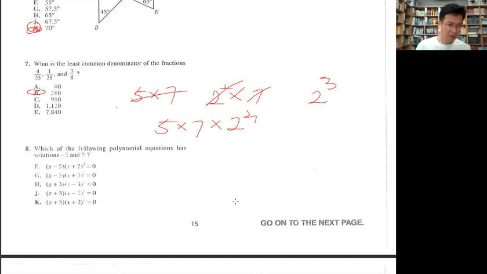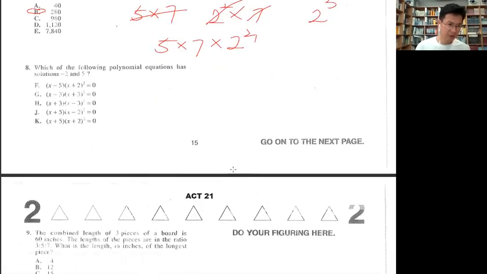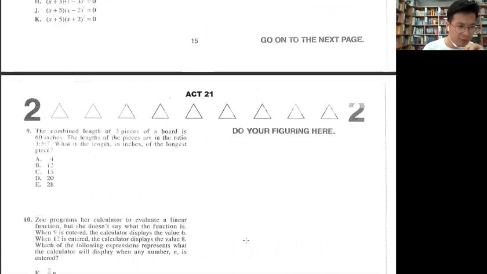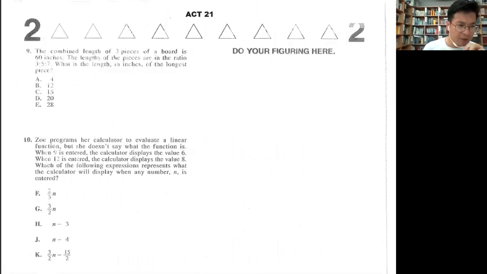Which of the following polynomial equations has solutions of plus 2 and minus 5? The combined length of 3 pieces of board is 60 inches. The lengths are in the ratio of this, and the longest side.